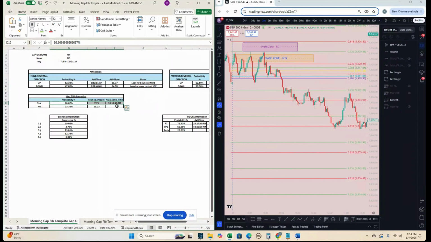So a gap fill percentage, you want to mark this in your notes. Anything over 65% is decent enough for me to try to go for the gap fill. I prefer 70%. 65% is tradable. 70%, I'm hunting for it.